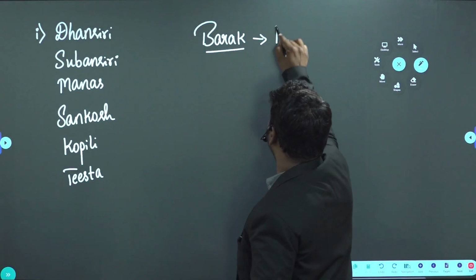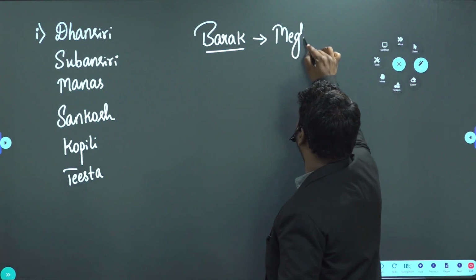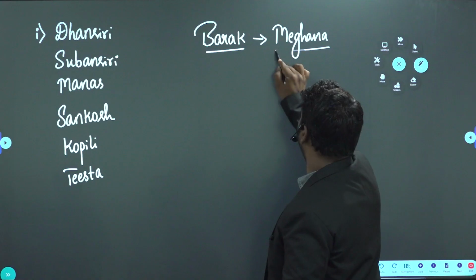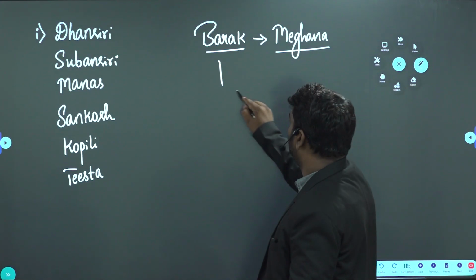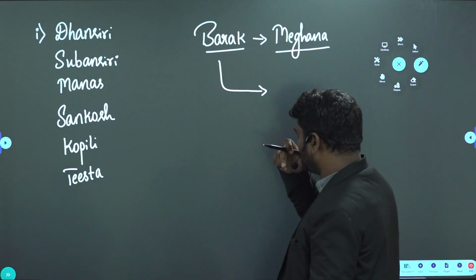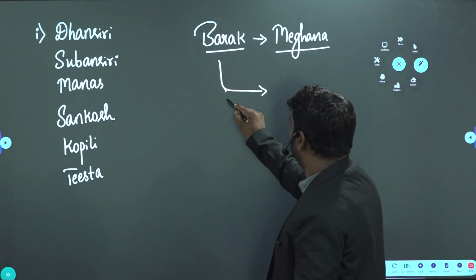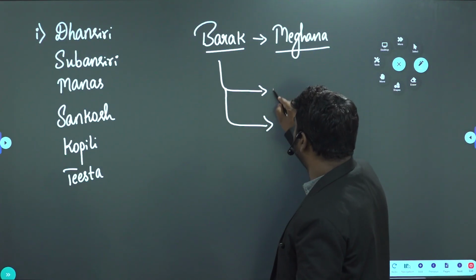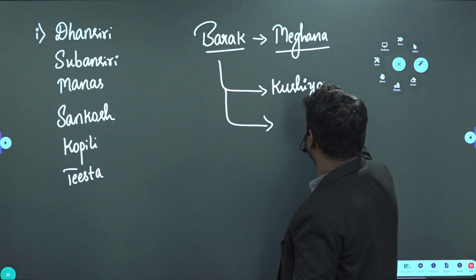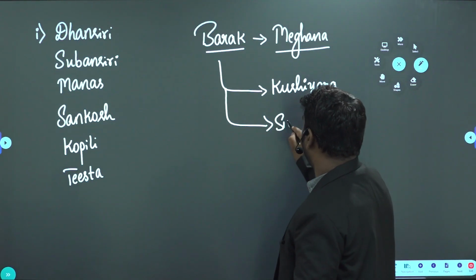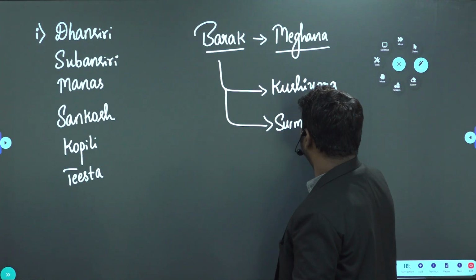Barak River is tributary of Meghna. This river splits into two. One is known as Kushiara, another one is known as Surma.